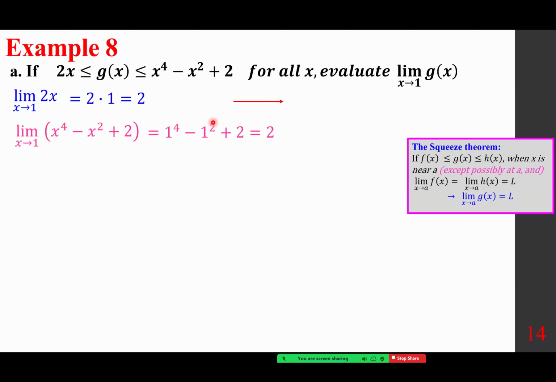Because these two are identical, then the function in between, the limit of g of x as x approaches 1 is equal to 2, and you have to mention why: by this squeeze theorem. By the squeeze theorem.